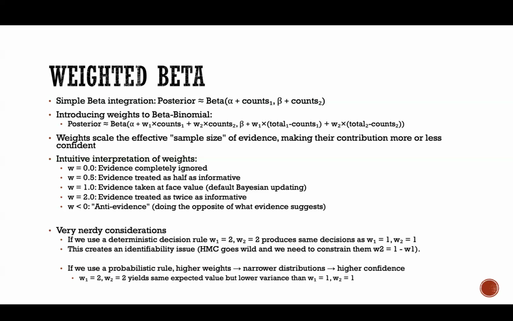So weight 1 equal 2 and weight 2 equal 2 will yield the same expected value, but lower variance. We don't expect the participants to show a broader range in their behavior, while weight 1 and weight 1 will give us a broader range of behaviors.